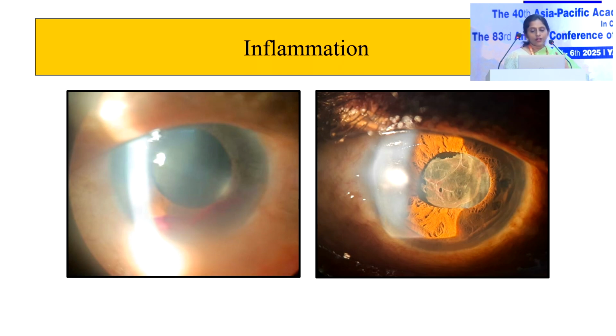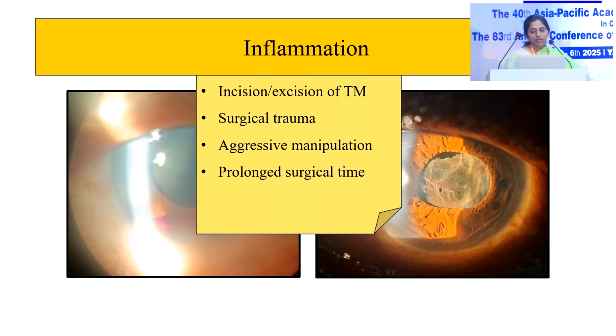So although we control the bleeding, we end up with another complication like an organized membrane which is sticking to the IOL, which obscures the vision. So this is very common with excessive manipulation, surgical trauma, a prolonged surgical time, and not using steroids properly.